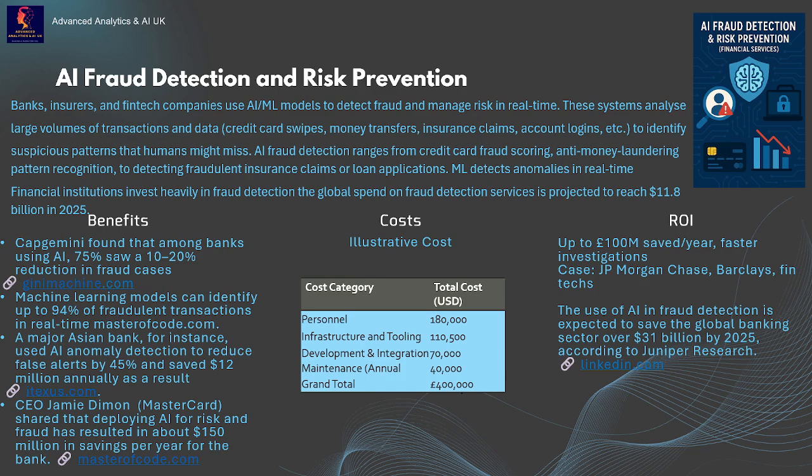According to one case, £100 million a year saved, and according to Juniper Research, it can save 31 billion a year for the global banking industry. So I think every tech company is using some kind of AI, and the ROIs are specific to that implementation. But this is one for every finance organization, really.